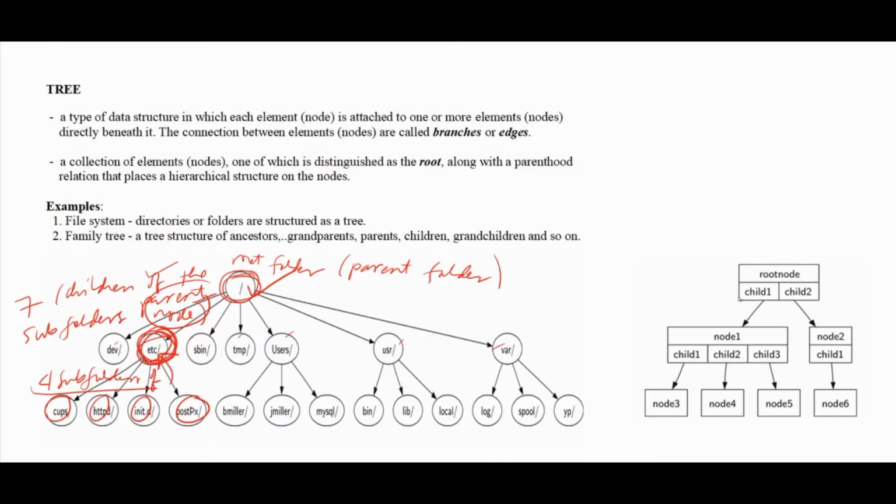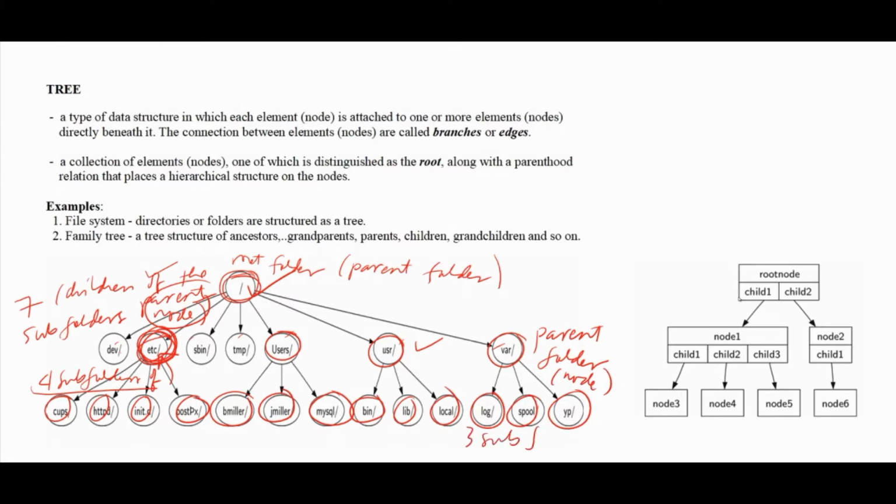And also here we have a parent node of these 3 subfolders. And this one also is a parent folder of these 3 subfolders. And this one, lastly, is the parent folder of these 3 subfolders. So this is like a parent folder or parent node of these 3 subfolders or children nodes.